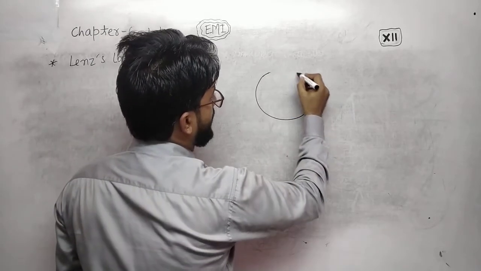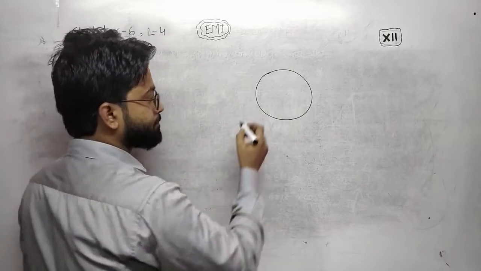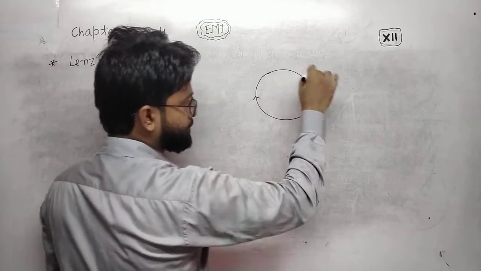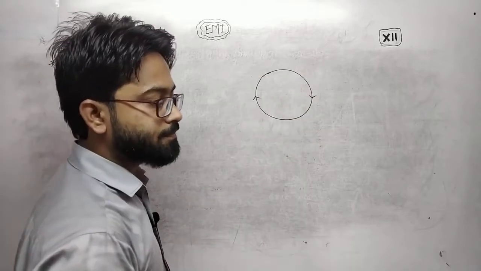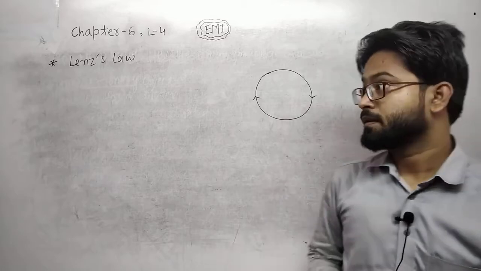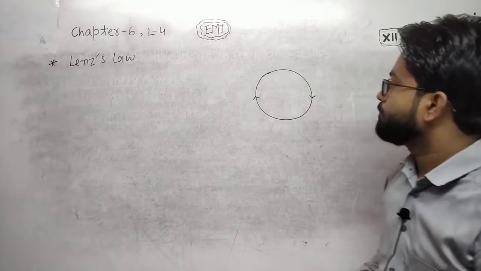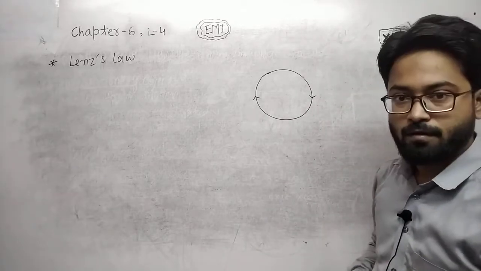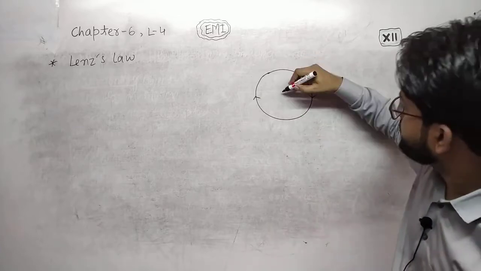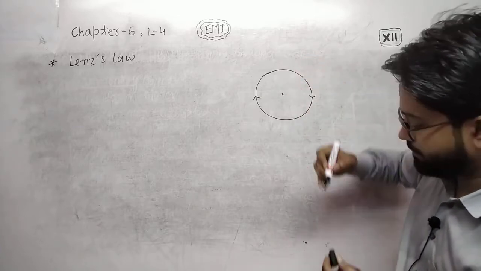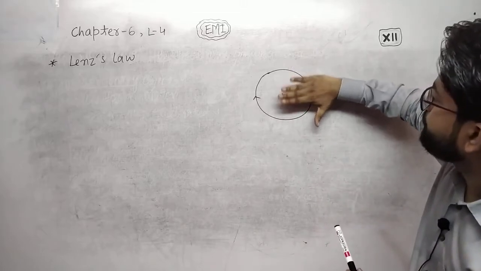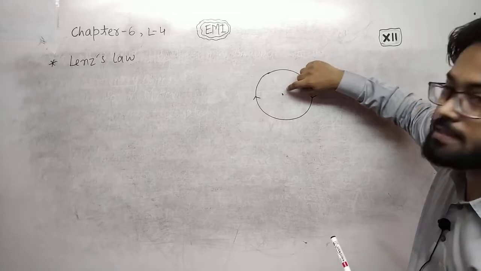If this is a coil, the current is clockwise. According to the Fleming right hand rule, you will see that at the center the direction of magnetic field will be inside.